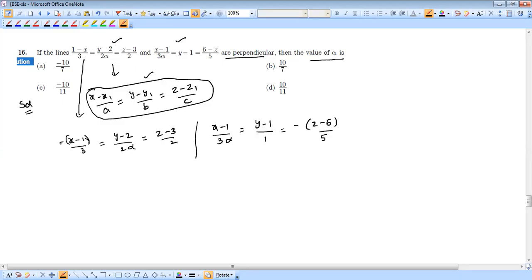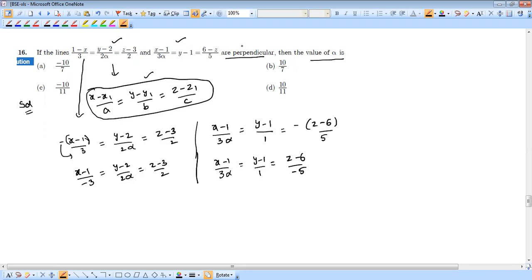So what happens to the minus? This minus will be carried to the denominator. It means x minus 1 by minus 3, y minus 2 by 2 alpha, and z minus 3 by 2. And here x minus 1 by 3 alpha, y minus 1 by 1, z minus 6 by minus 5. See, these are all in standard form.